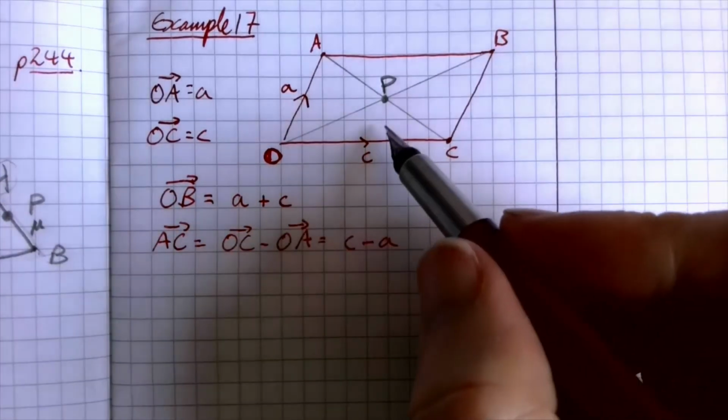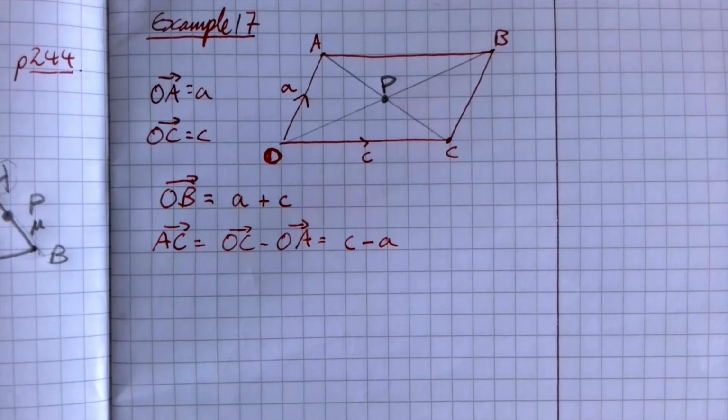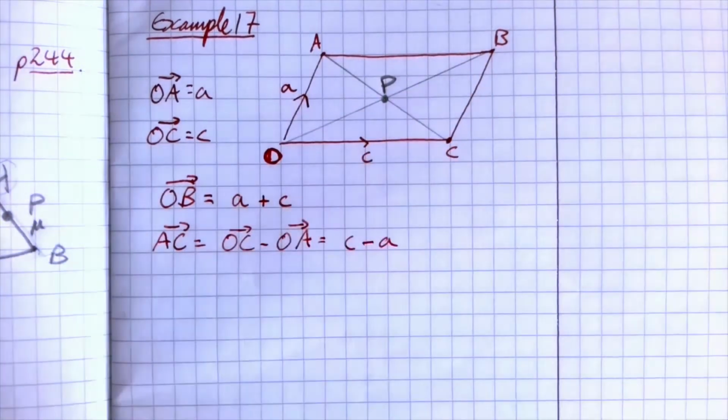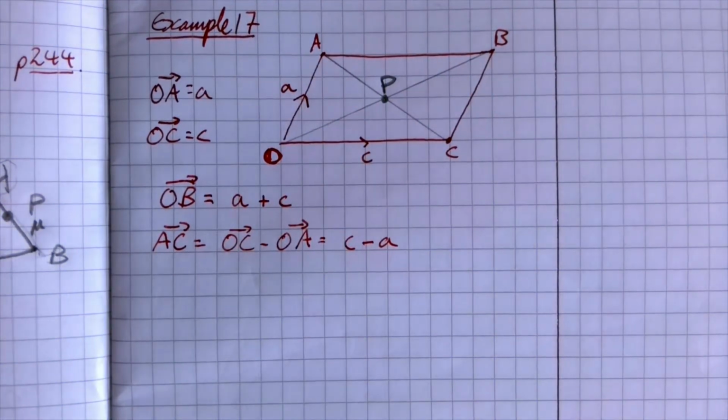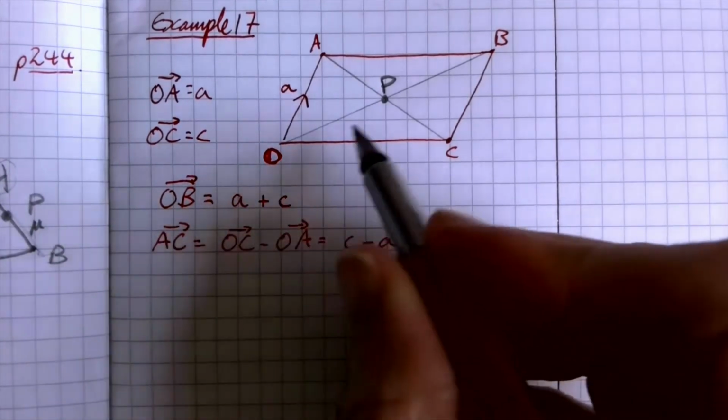Now P we are hoping is halfway along AC and we're hoping it's halfway along OB, but we can't assume that, so we're going to give a couple of letters, and the two letters we're going to use are lambda for OP.